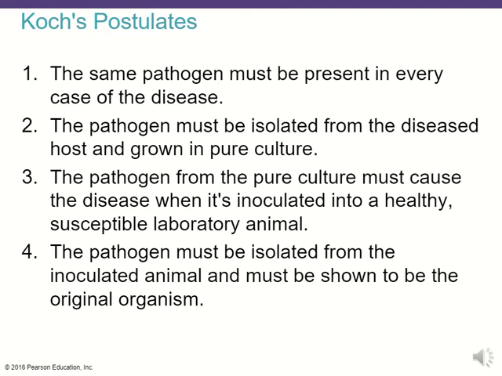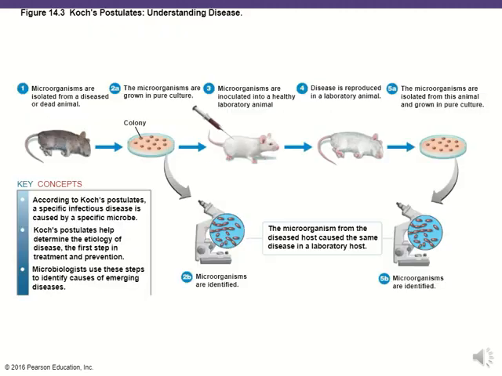The pathogen from the pure culture must cause the disease when it's inoculated into a healthy, susceptible laboratory animal. And the pathogen must be isolated from the inoculated animal and must be shown to be the original organism. These are just a series of ways of confirming if a certain disease is linked to a certain microorganism.